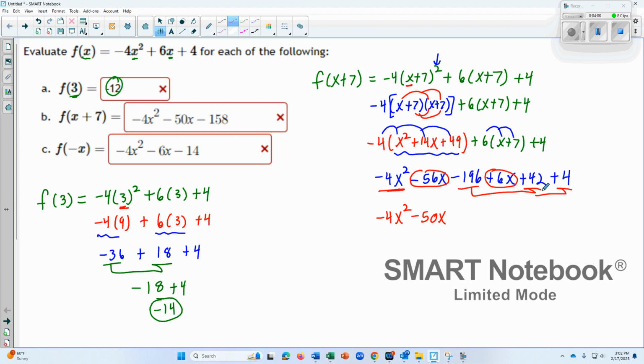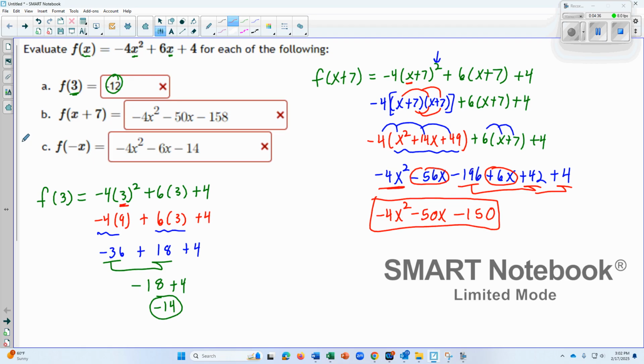That should altogether become a -150. So -150 when you put that all together. And so what I'm thinking is maybe you accidentally put yours as a minus instead of a plus 4. Maybe something happened there, because that would explain how this would become a -158 if you accidentally put that as a -4. So this would be our answer for this part.